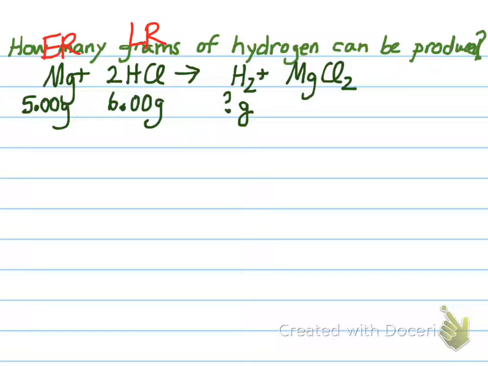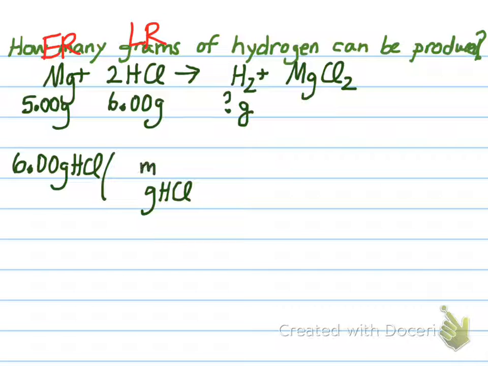So, how do we calculate this? Again, remember, we must use our limiting reagent. So, we're going to start with the 6 grams of hydrogen chloride. And again, remember, our only way to change from one substance to another is with our mole ratio. So we need to use our molar mass to convert grams of hydrogen chloride to moles of hydrogen chloride.